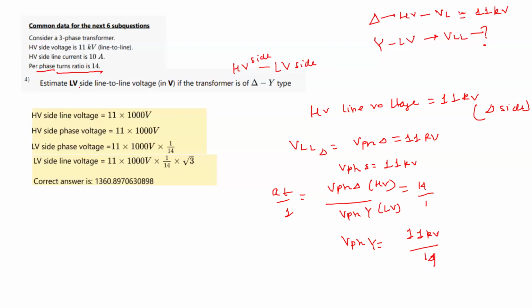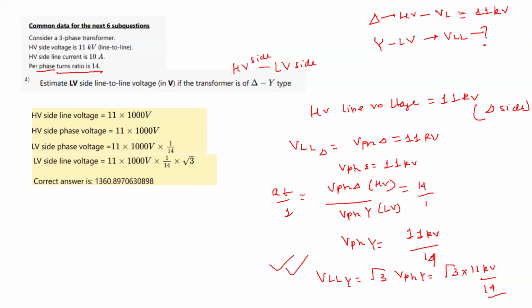Now we have to calculate the line voltage. The line voltage of the star is root 3 times the phase voltage of the star. So this is root 3 times 11 kV by 14. This is how you will solve this question. Is there any doubt here?